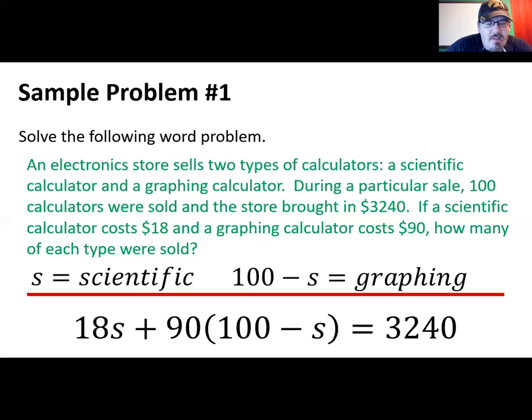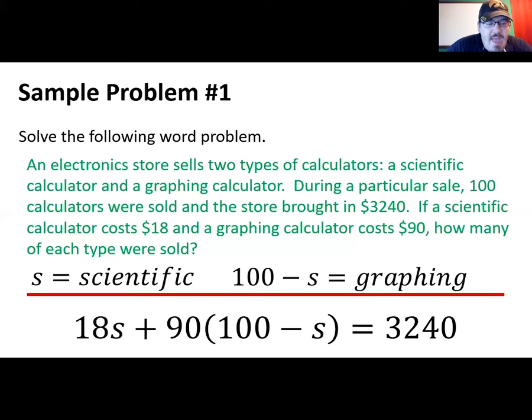Now the second chunk looks a little more complicated, but it's the same idea. 100 minus S represents the graphing calculators, so I'm going to take that times their individual cost, which is $90. So 90 times 100 minus S, the number of graphing calculators, gives you altogether how much the graphing calculators sold for.